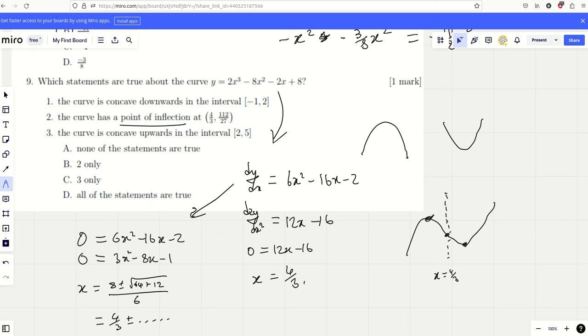It's like a critical point between the maximum and the minimum where you're going to get the non-stationary point of inflection. It will happen for all cubics. And so actually this is 3 only, yeah? I'm guessing that this doesn't work out right when I plug 4/3 into here, yeah? I haven't actually done it, but just because of the way the answers are, I can see that 2 to 5 is going to be concave upwards, so it must be 3 only.